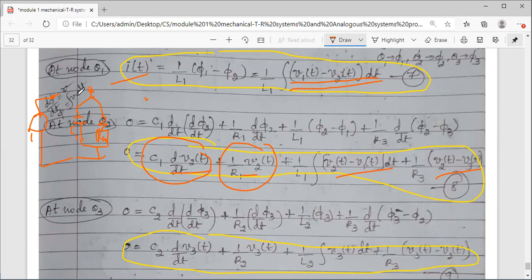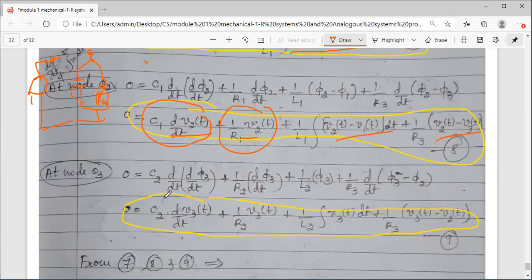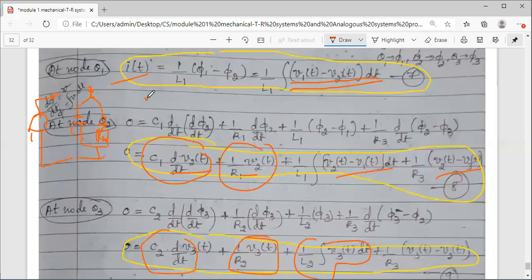This is for second node. First node में कुछ नहीं है, second node है. Third node V3. I have C2, I have R2, and even L2 also. So 3 elements are there. So for third node, I will take 3 terms. C2, capacitance, I have R2, and I have L2, inductor. Okay, all 3 connected in parallel.